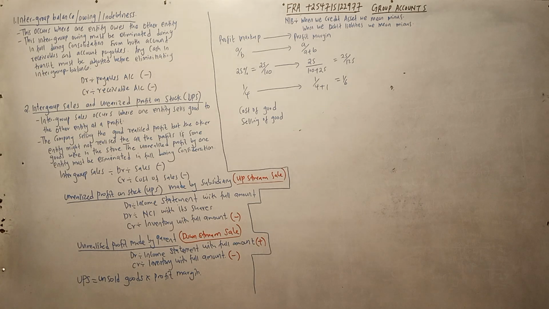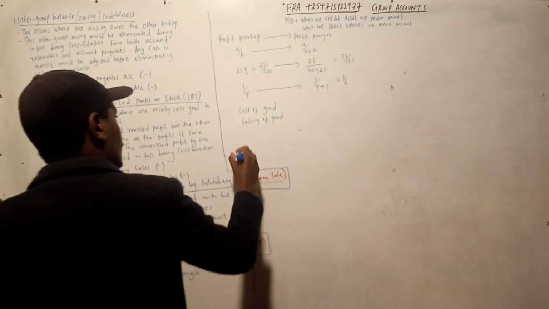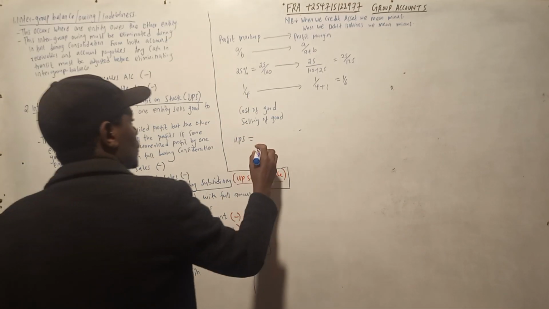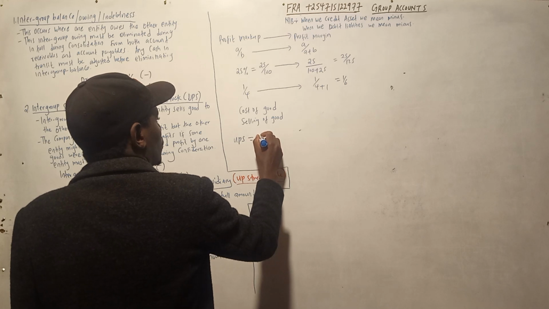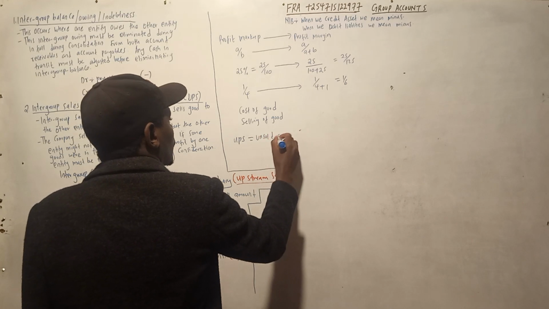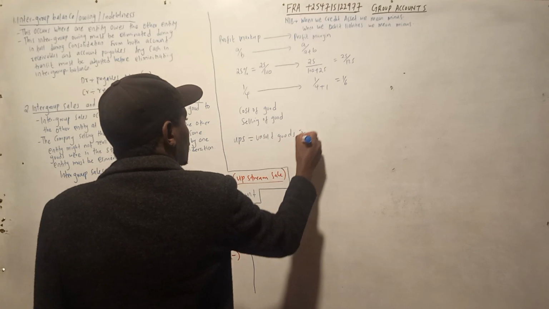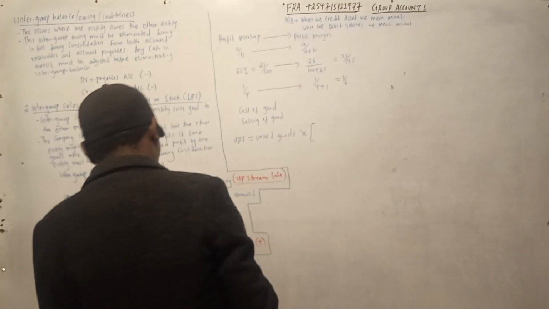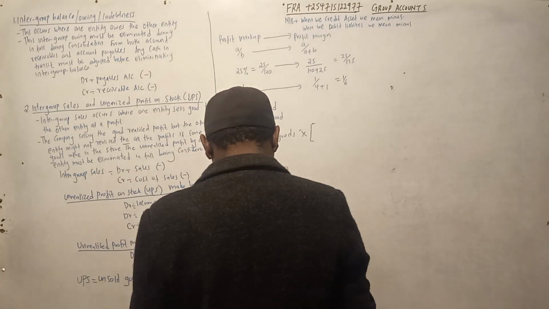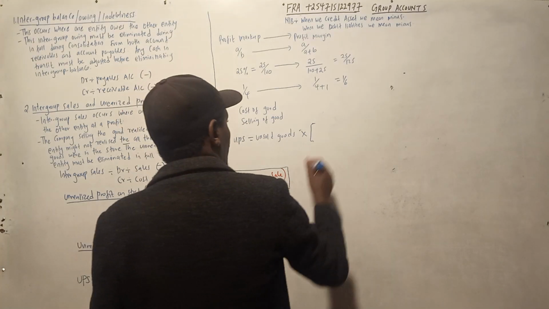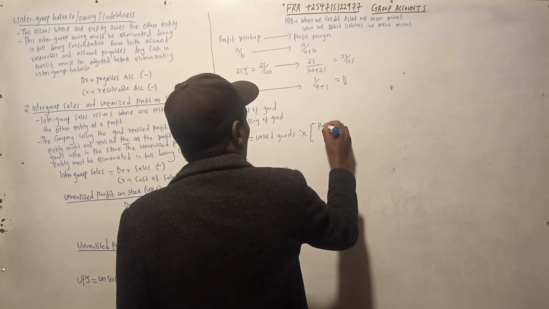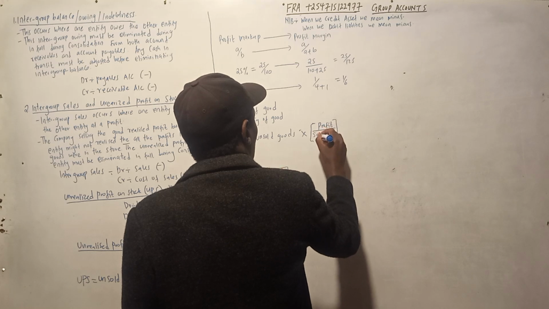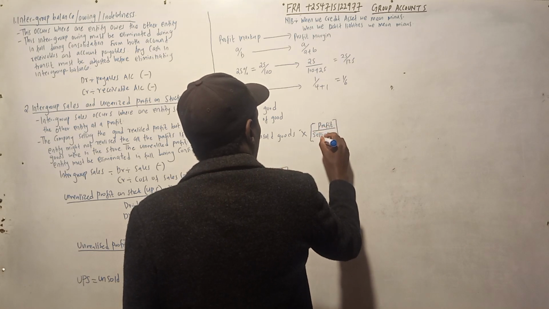We have another formula for UPS: UPS is equal to unsold goods times profit over selling price.